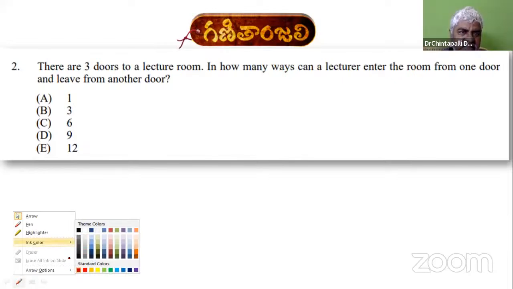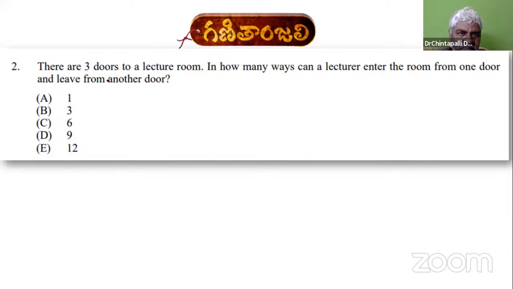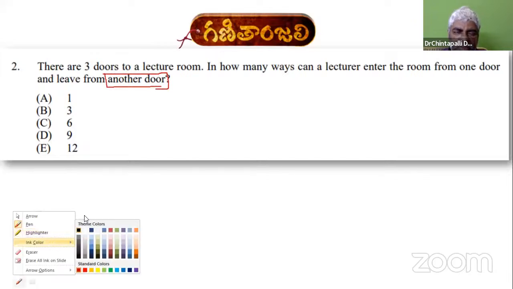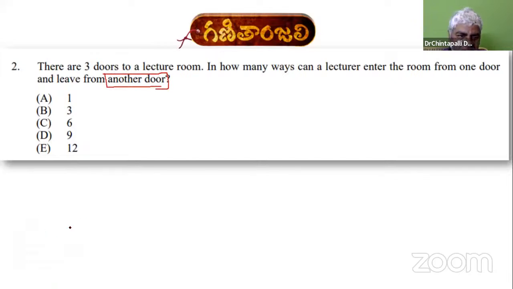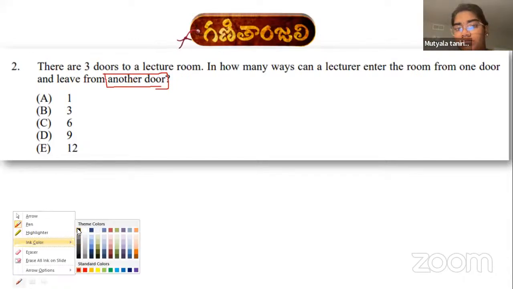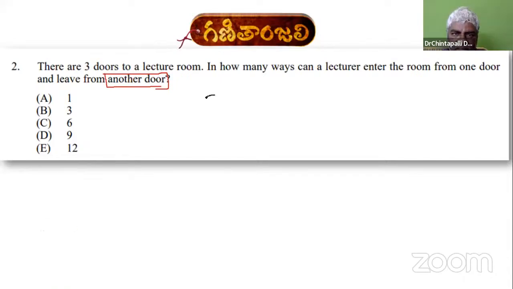The main point is from another room, another door. So if we take, it's like this. Enter and leave. If he enters through D1, he must leave from D2.